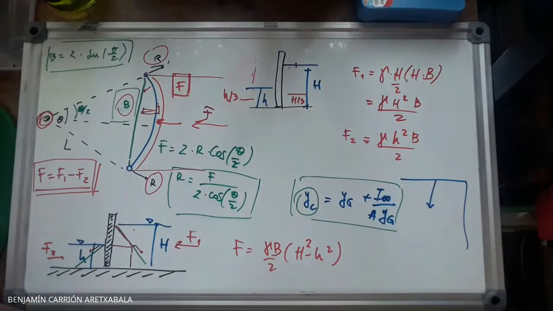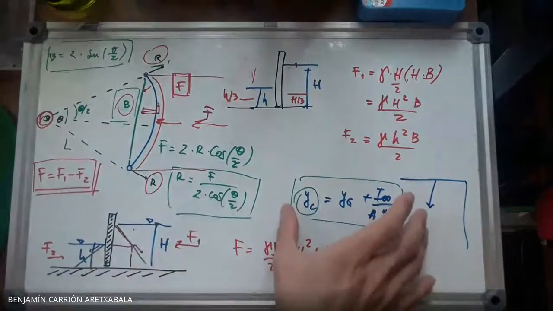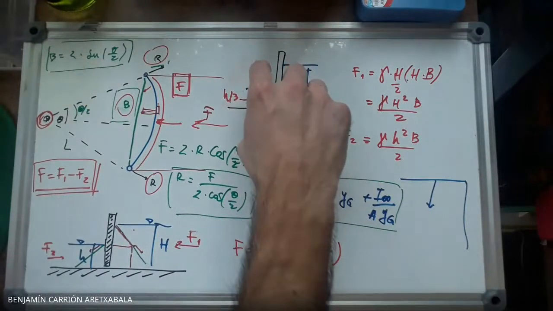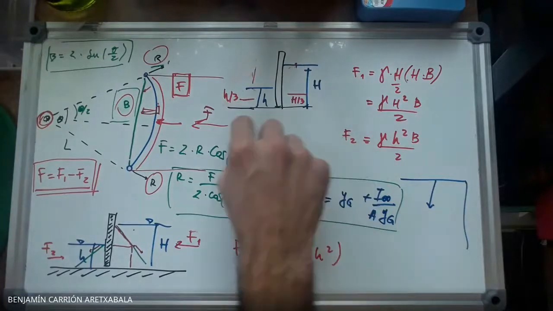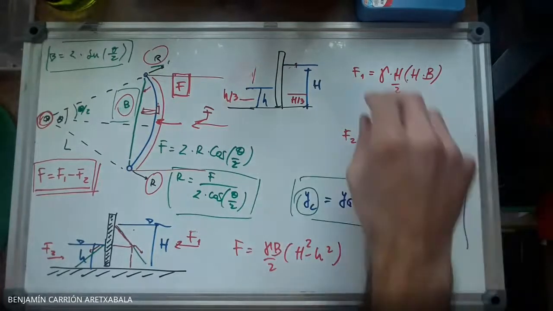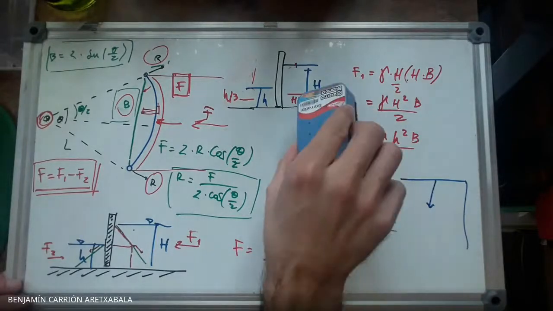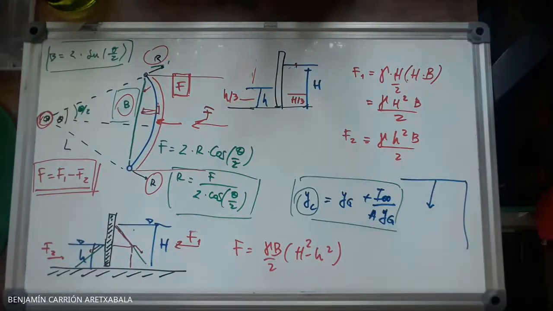And if you knew that, you could have computed this and then subtracted the total water depth, and then you're referring everything to the bottom. But you can also just put h third because that's the center of mass of a triangle.